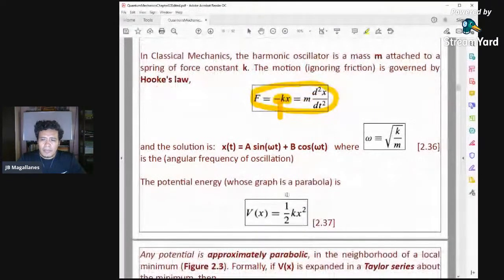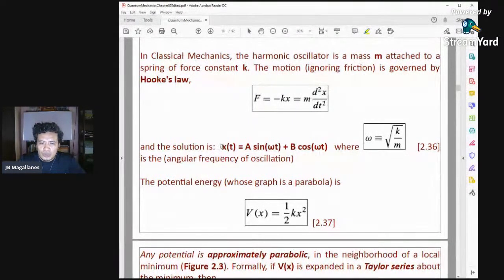So for the solution, you divide both sides by m, and you set omega squared equal to k over m.